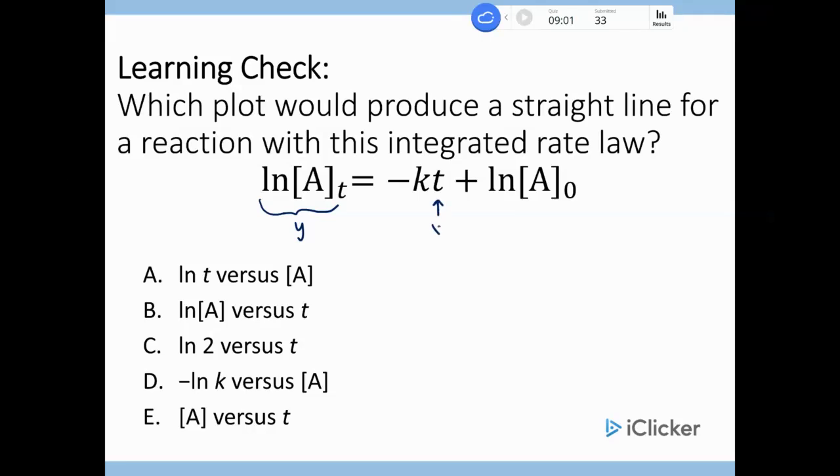So that makes time our x variable and the natural log of the concentration of A the y variable. So the natural log of the concentration of A plotted versus time t provides a straight line. The slope of the line is negative k. And then natural log of concentration of A at time 0 is b. That's a constant that's not going to change.